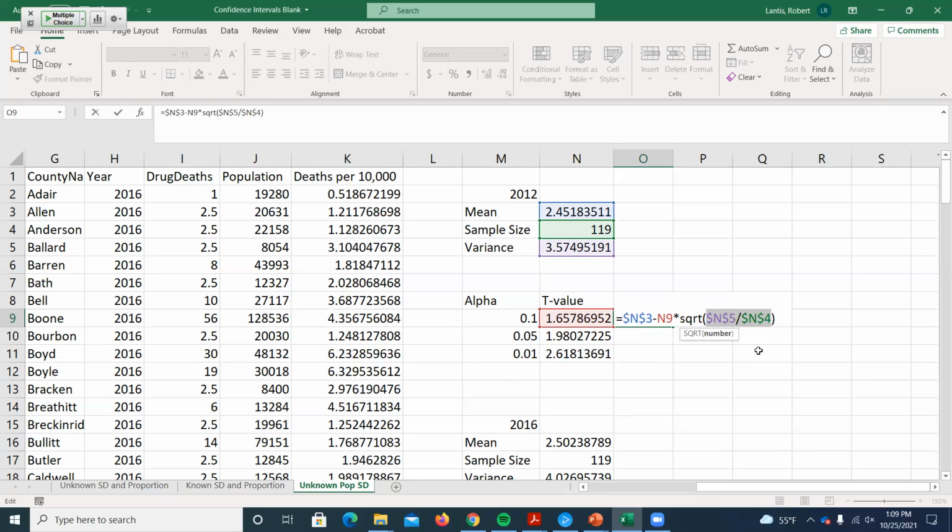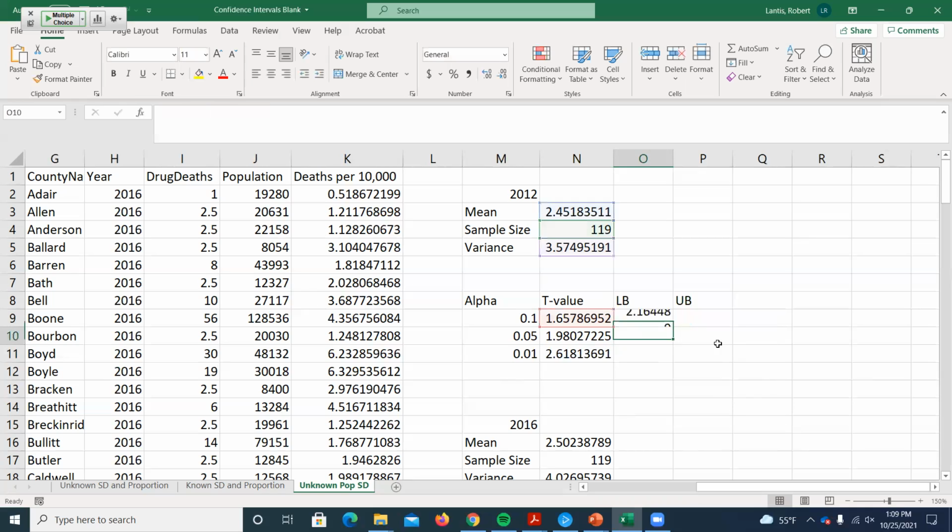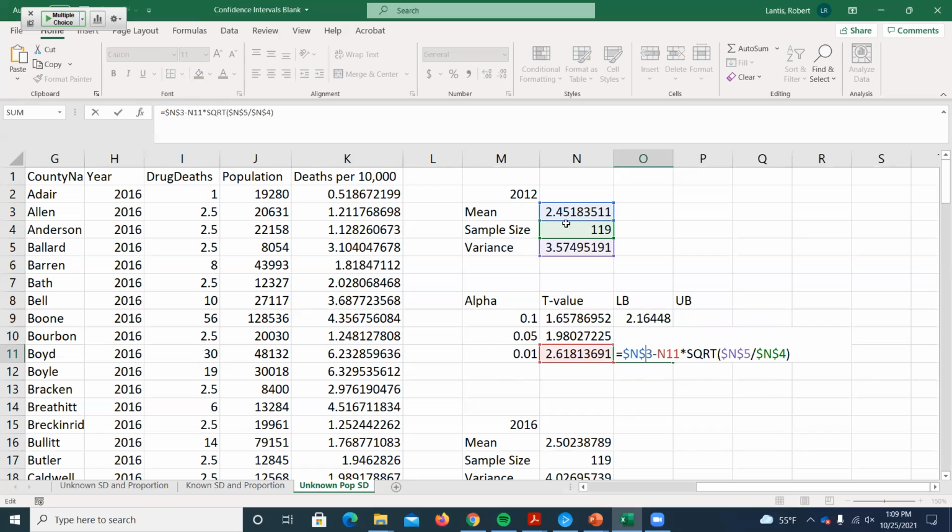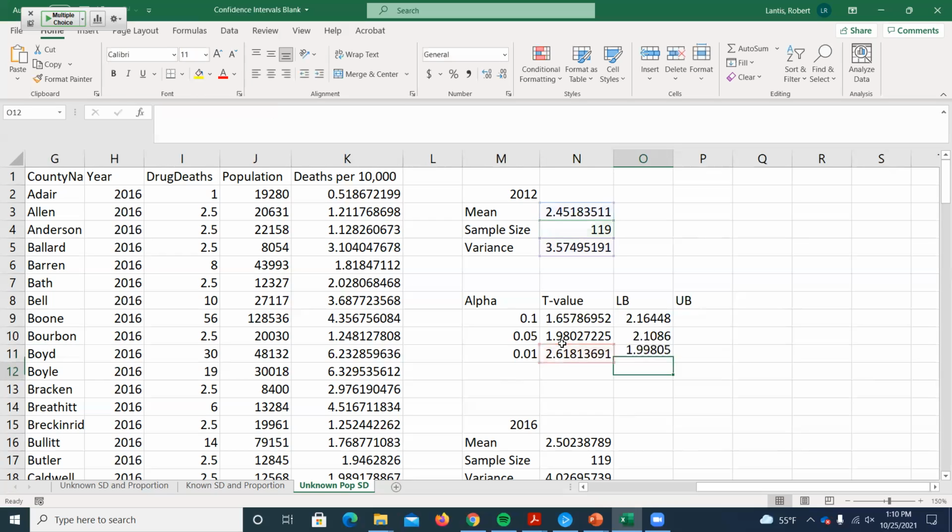All right, F4 or Command T. Now when I copy this down, everything up here has stayed the same, but that cell reference keeps updating. So I'm using whatever t-value lines up with the new alpha that I want for that confidence interval. Any questions there? You want to see one of these cells again? All right with this?